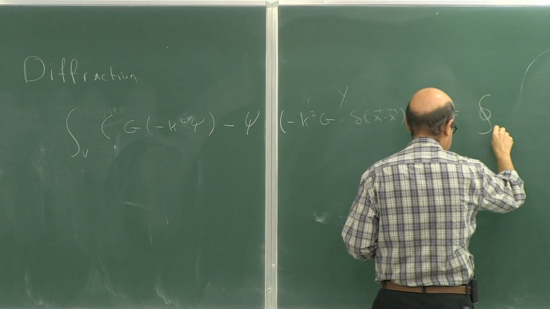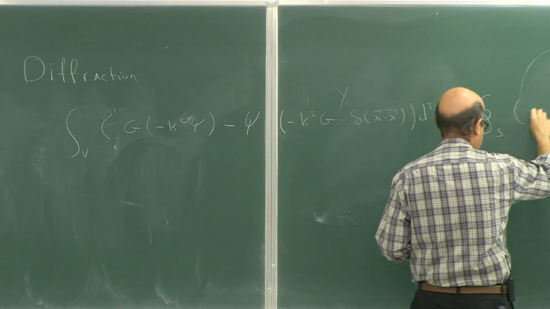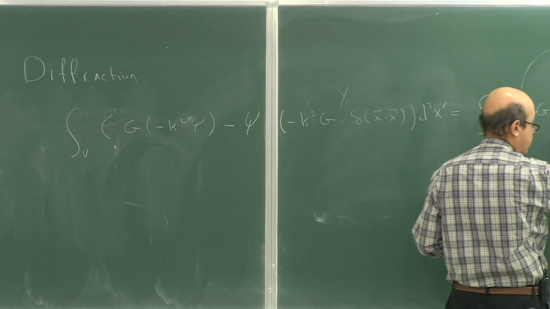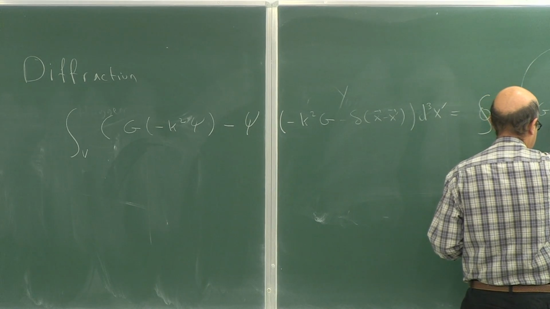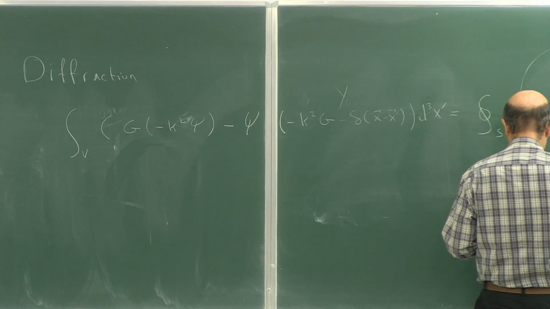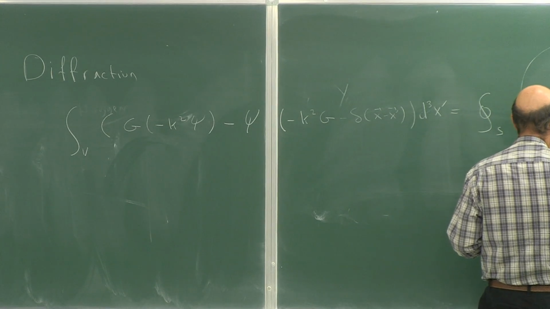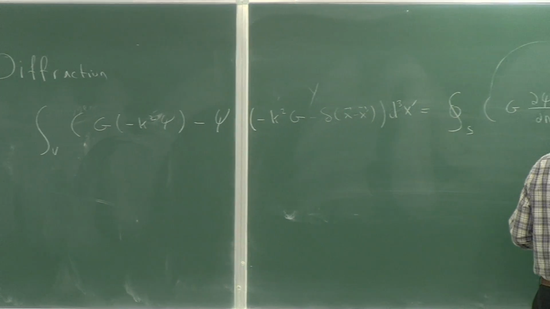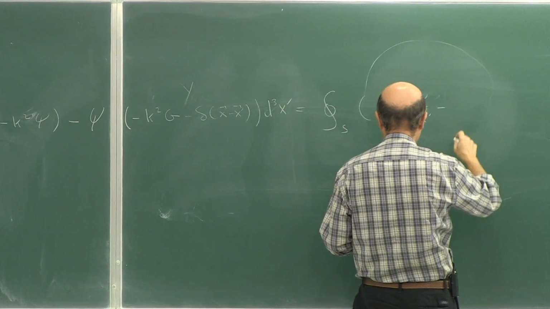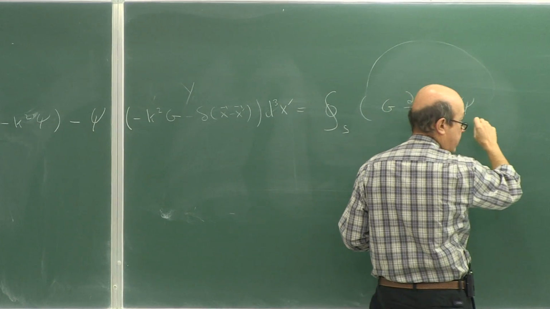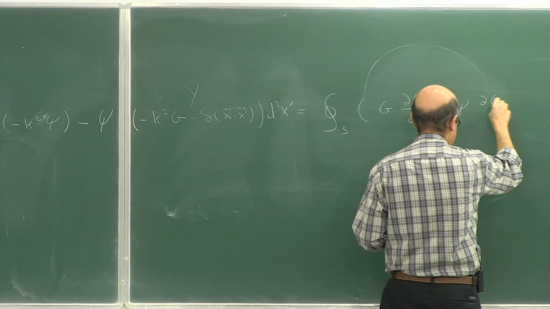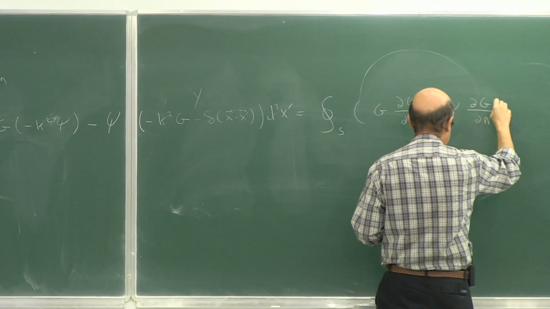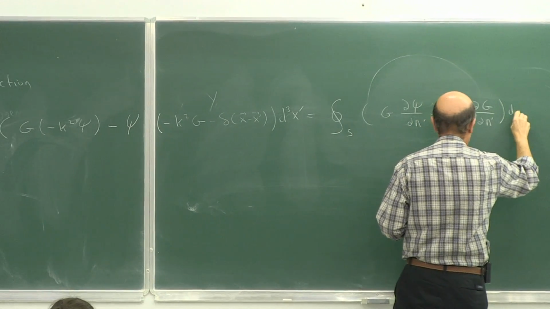A surface integral: Green's function del phi over del n prime minus psi del Green's function over del n prime, integrated through the surface.